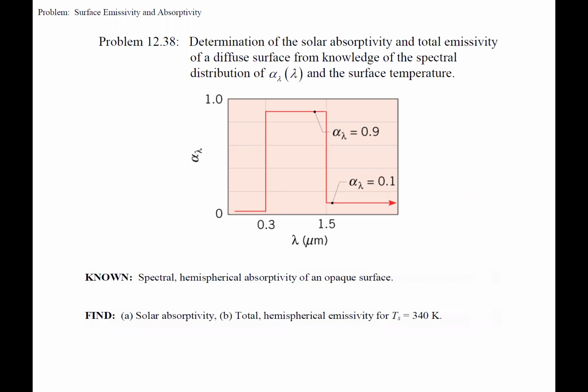What is the solar absorptivity? Okay, so that's one question. If it is assumed that the emissivity at a given wavelength is equal to the absorptivity at a given wavelength, and that the surface is at a temperature of 340 Kelvin, what is the total hemispherical emissivity? All right, so first off, you see the figure that's given. We have wavelength and absorptivity, right?